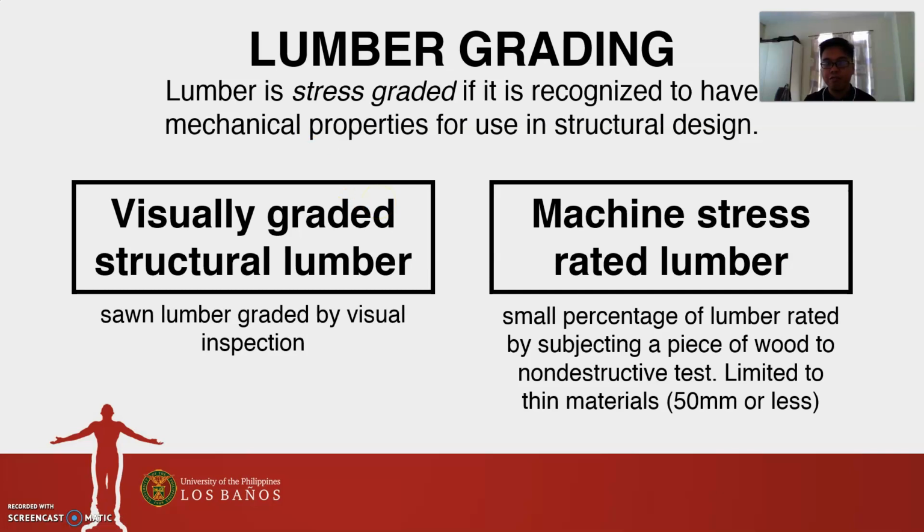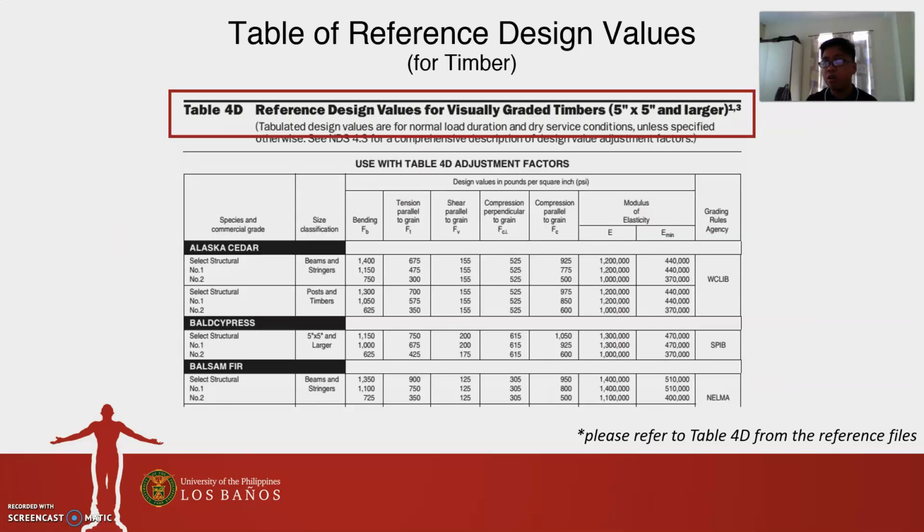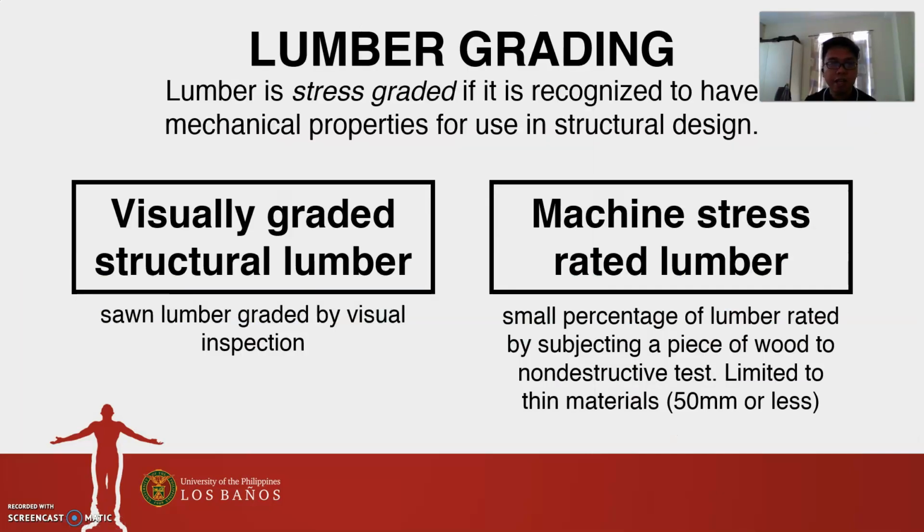Next, lumber grading. If you have noticed in our tables a while ago, we have here the species of our member or timber, let's say Alaska cedar or bald cypress, and then we have the commercial grade here. For the grade, there are two types: visually graded structural lumber, which is graded by visual inspection, while the other is machine stress rated lumber, a small percentage of lumber rated by subjecting a piece of wood to a non-destructive test.